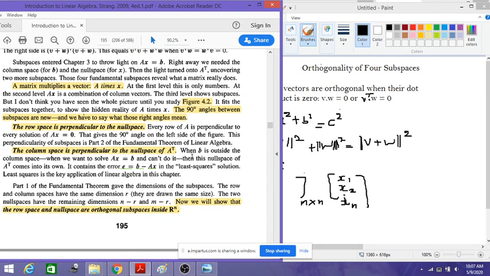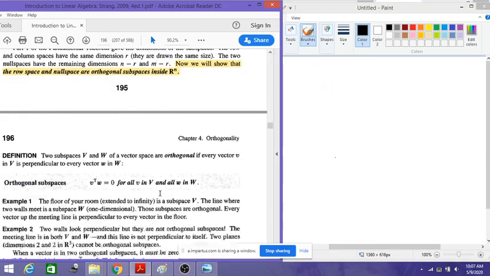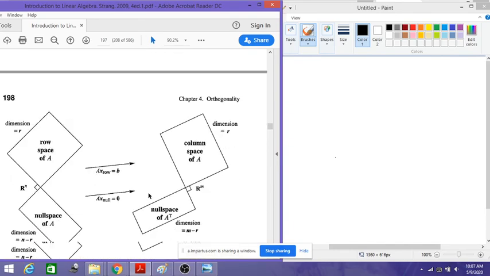We'll draw one diagram here and try to correlate all four subspaces. Let me draw that quick diagram, and then we will discuss all these things.